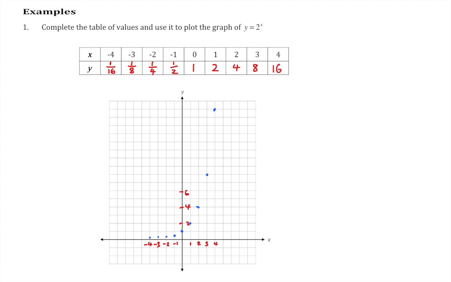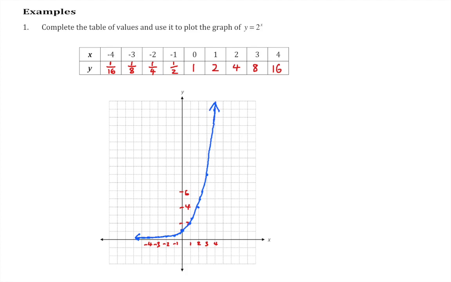So our graph is going to look something like this. And it's a curve. And there it is.